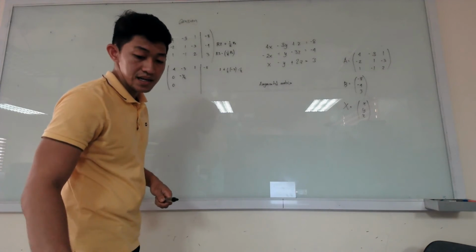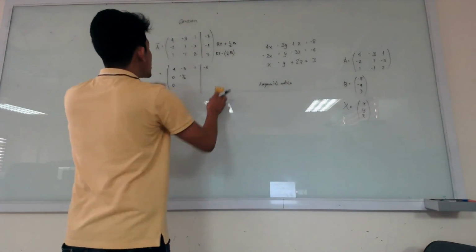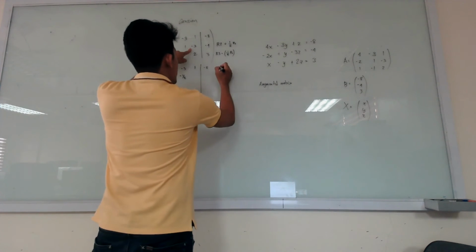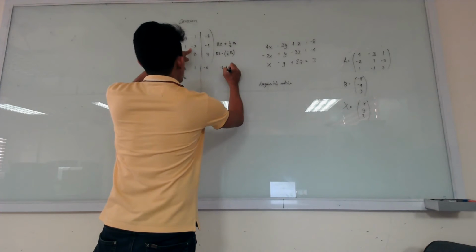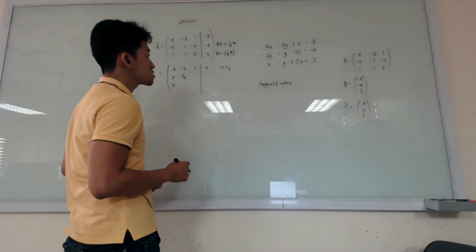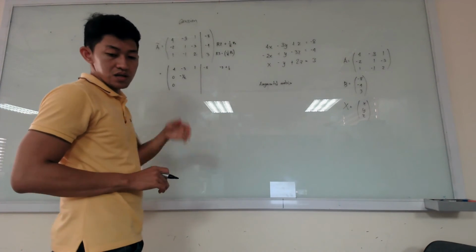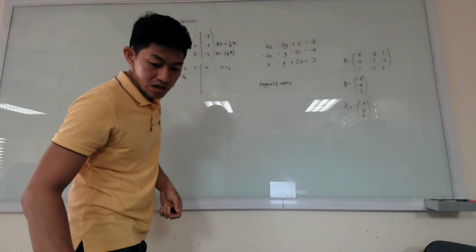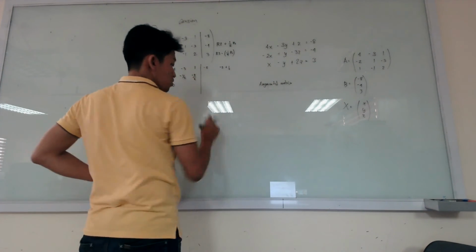And then proceed here, negative 3 plus 1/2 1. So 1/2. So this becomes negative 3 plus 1/2, that is negative 5 over 2. Negative 5 over 2.